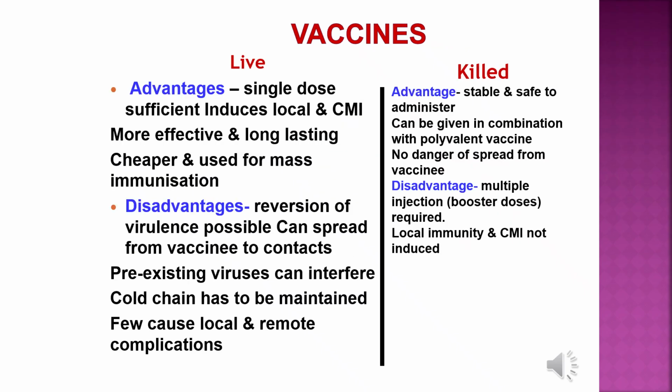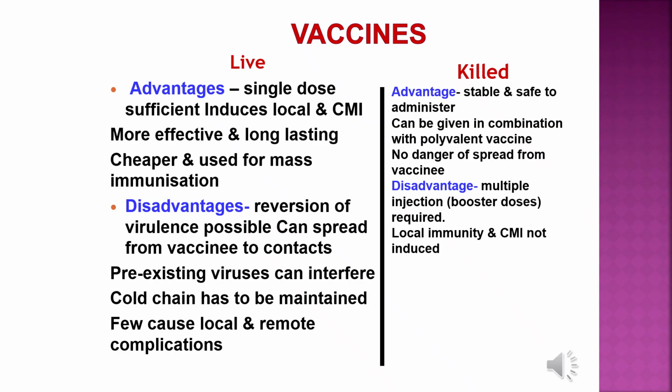So we'll see a few differences between live and killed vaccines. Live vaccine advantages: a single dose is sufficient, and it induces local and cell mediated immunity. It is more effective and long lasting, cheaper, and used for mass immunization. Advantages of killed vaccine: stable and safe to administer, can be given in combination as a polyvalent vaccine, and no danger of spread of vaccine-derived infection.